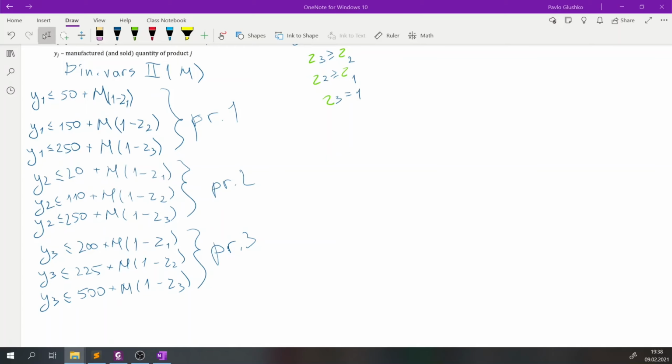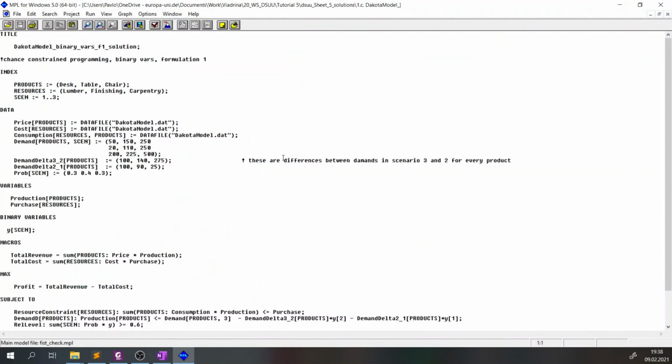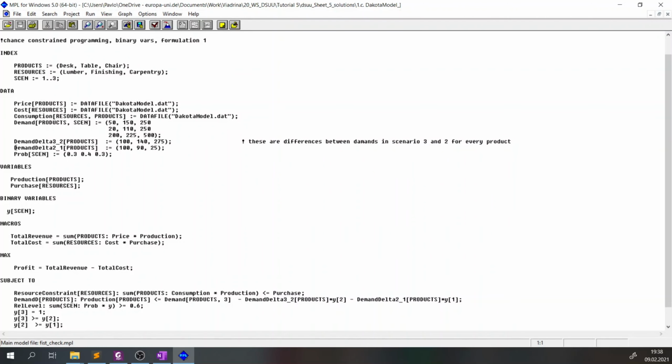So the formulation F1, so formulation 1. Again, it's the same deterministic model, and the change here is first of all this demand deltas, which we calculate.